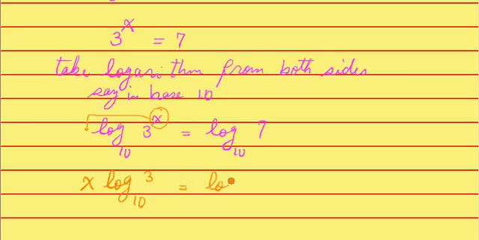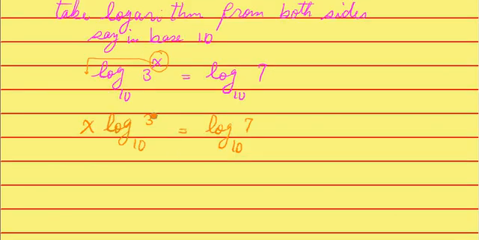That is equal to logarithm of 7 in base 10. Now logarithm of 3 in base 10, your calculator has a button you can use to calculate that. In this one, same way. You take the right hand side and divide by this coefficient to get your x. So x becomes that quantity, logarithm of 7 in base 10, divided by this quantity, logarithm of 3 in base 10.